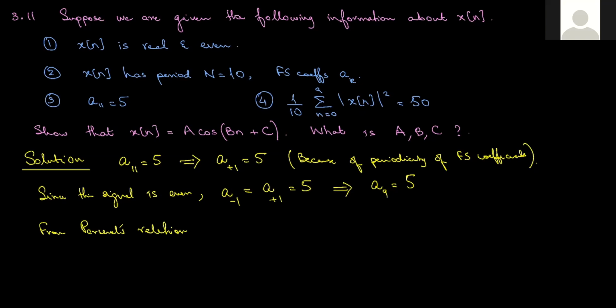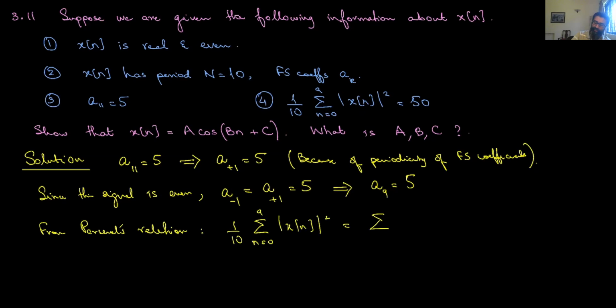So from Parseval's relationship, I know that 1 upon 10 summation n equals 0 to 9 of absolute x of n squared is equal to summation over any period of absolute a_k squared.